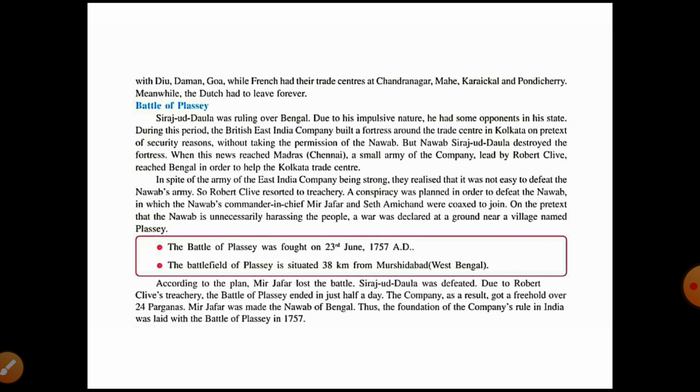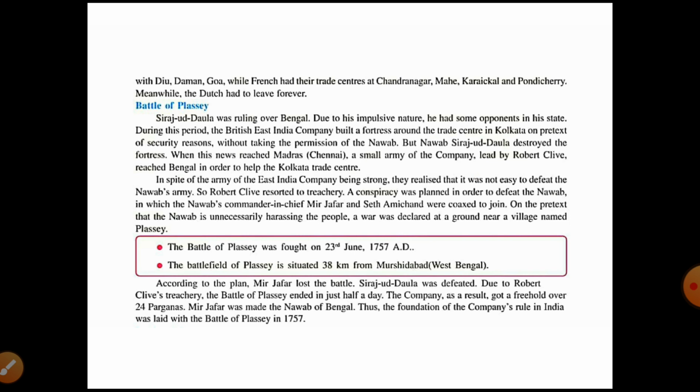So he destroyed the fort. When the news of its destruction reached Madras, present-day Chennai, a small army led by Robert Clive was sent to Bengal to help the Kolkata Trade Center, which was established by the British East India Company.